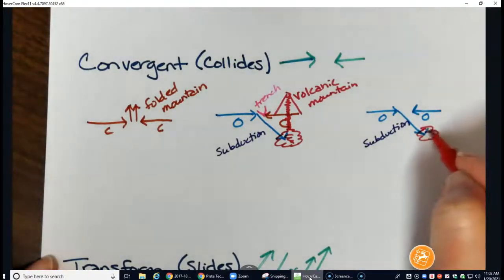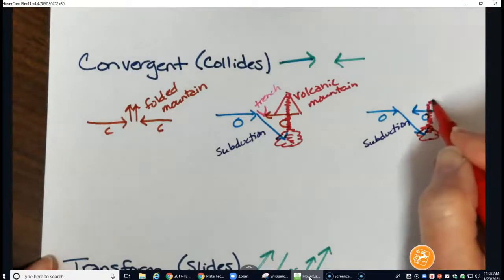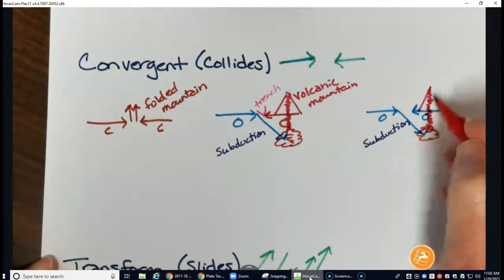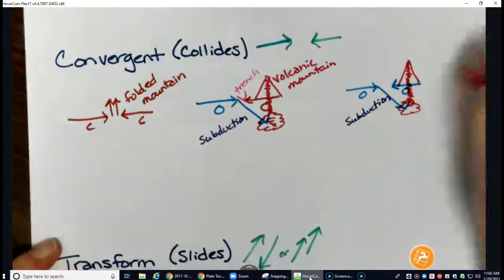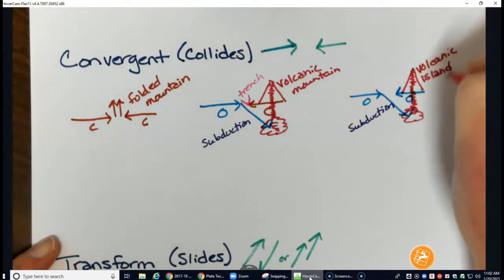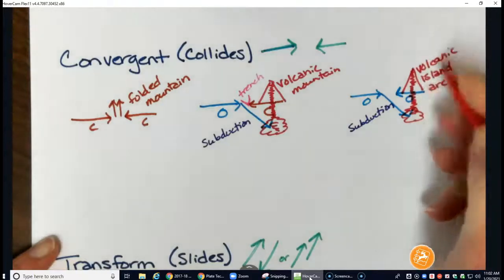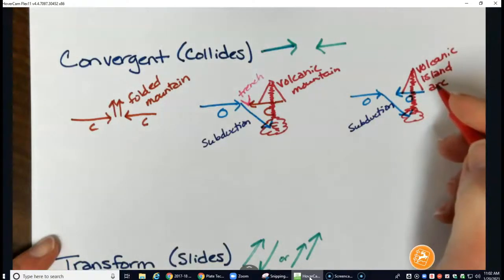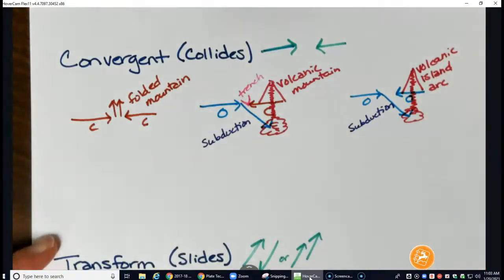We're going to create magma. That magma is going to rise through that oceanic plate. It is going to create our volcano, but in this case, it's going to create a volcanic island arc. There's usually more than one that is created. So you get like a curved crescent-shaped chain of them.